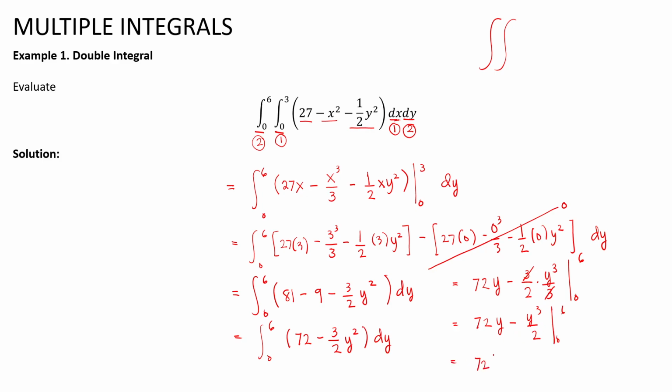So 72 times 6 minus 6 cubed over 2, and then on the right hand side, that will be 72 times 0 minus 0 cubed all over 2. So the right hand side will give you 0. 72 times 6, you can use your calculator. 72 times 6 is 432, and then minus 6 cubed all over 2, which gives us the final answer of 324.